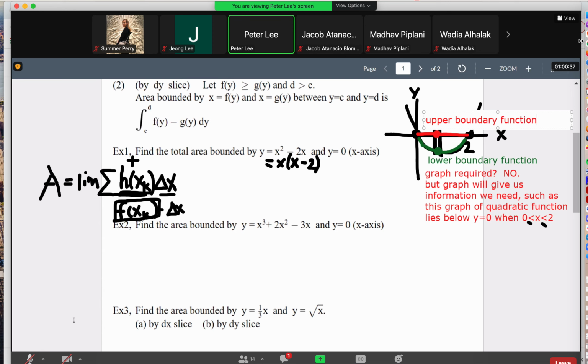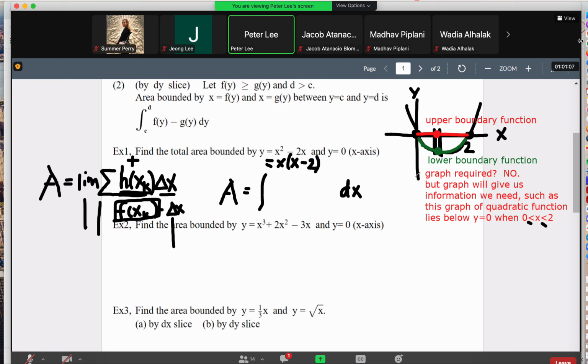So what is the area going to be? The area is going to be, let me write this down, let me change to black. Area is equal to the integral, and eventually this limit sigma and this delta x get converted to the integral and dx, in this case dx slicing. And now, what is the upper boundary function?